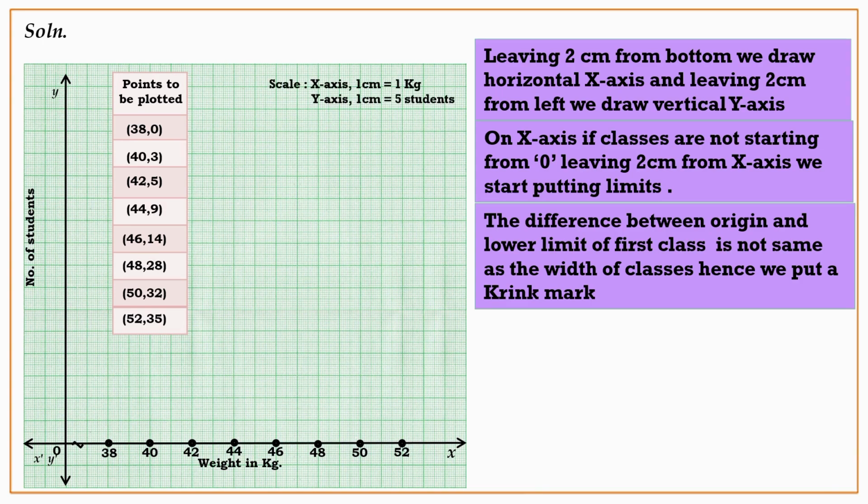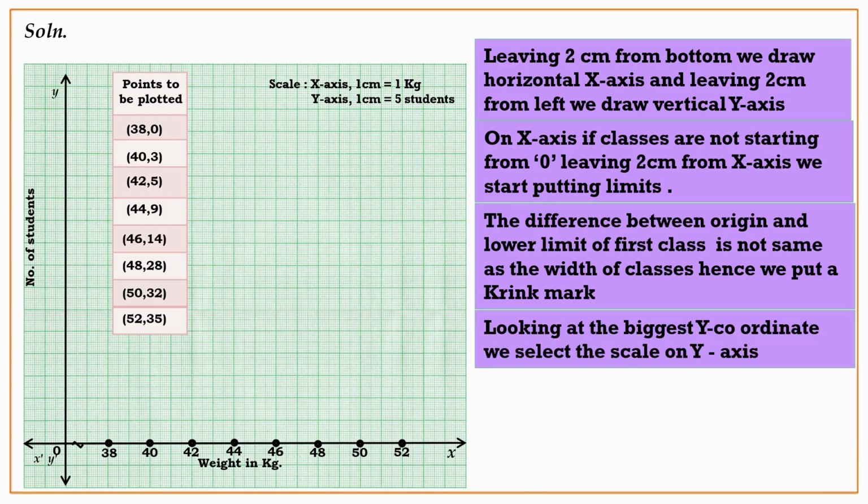Now, what is the scale here? The scale in the x-axis is 1 centimeter equal to 1 kg, and in the y-axis 1 centimeter equal to 5 students. Okay. So now let's take a look at the biggest y coordinate and select the scale on the y-axis. So here the biggest value is 35.